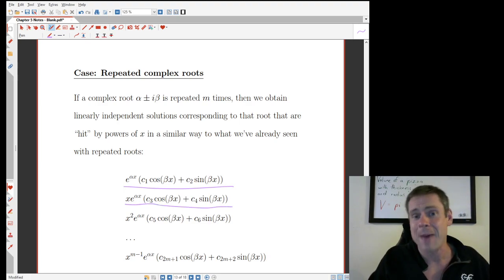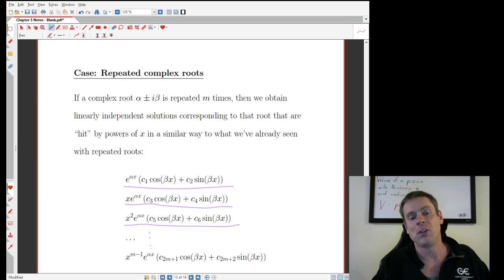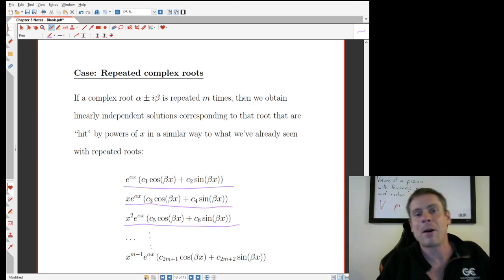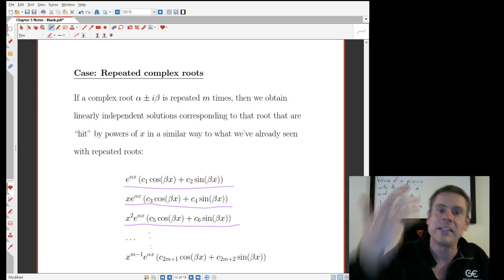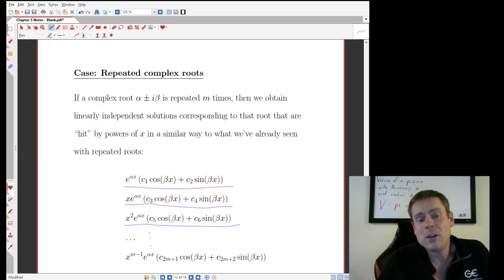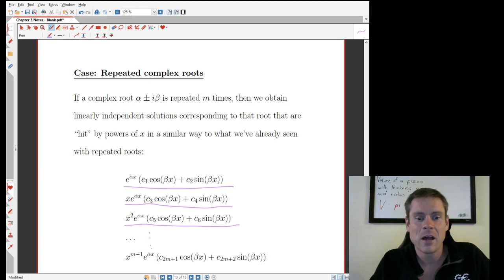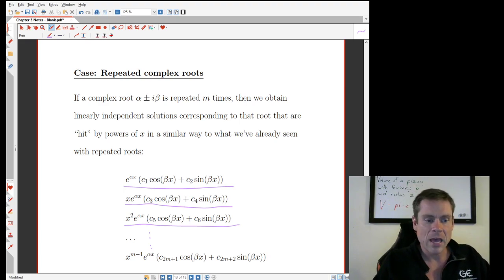And if it happens to happen again, you get x squared times the same thing. And so on, all the way down, increasing that power of x to make sure that you keep getting linearly independent solutions out of that. You can use things like reduction of order to show this. It is very hard to do that. So take my word for it here, and you will see it in action when it comes to these last couple of examples.